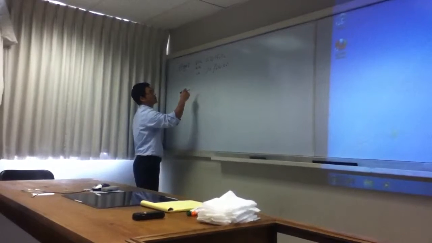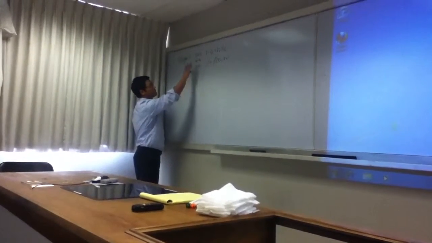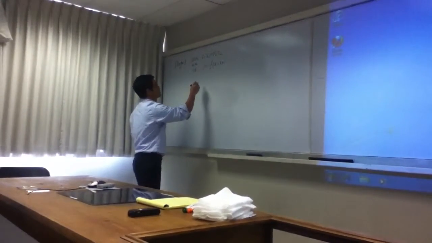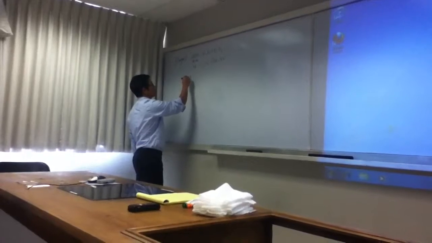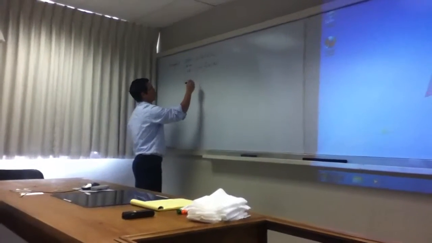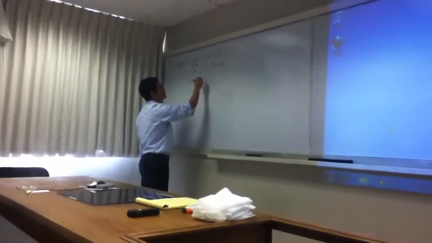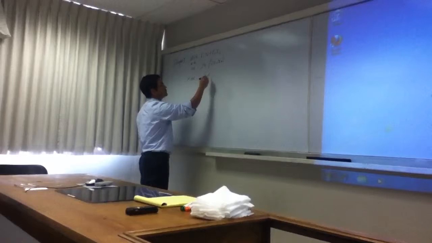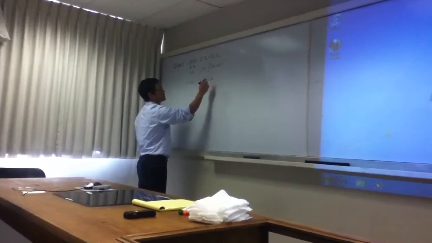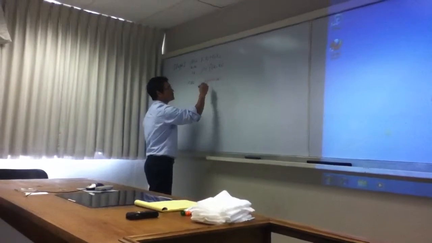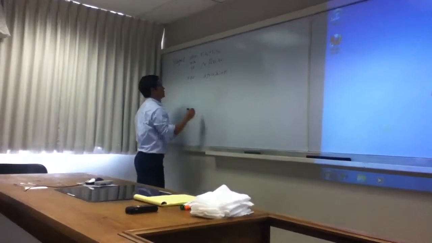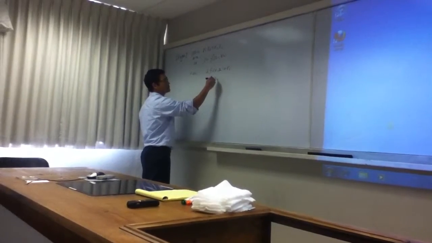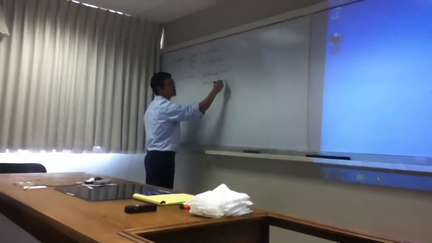The first order condition of this minimization problem is: remember lambda f1, the partial with respect to x1, is r1, and lambda f2 is r2.